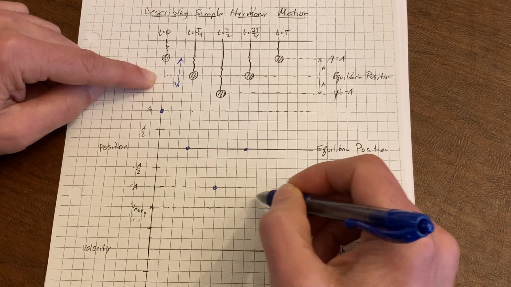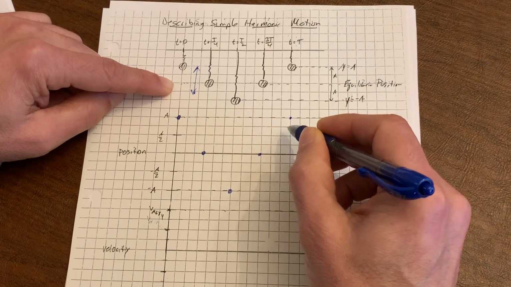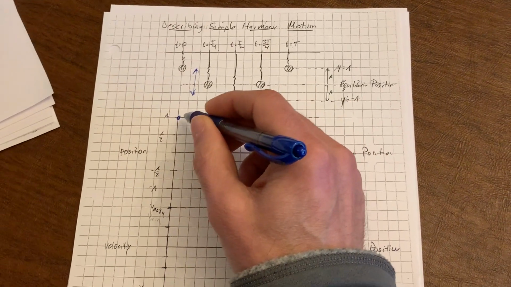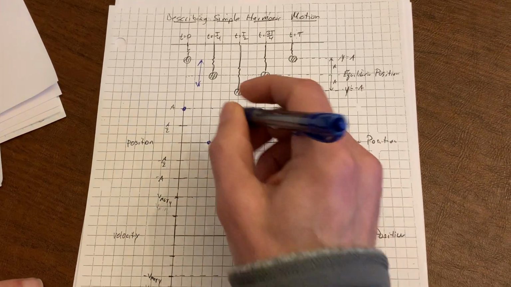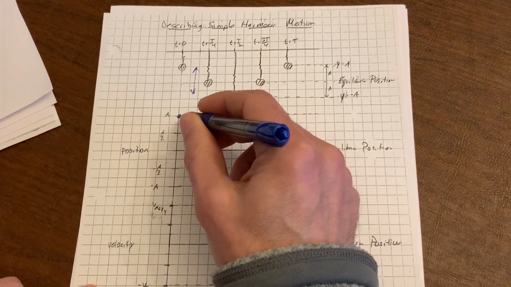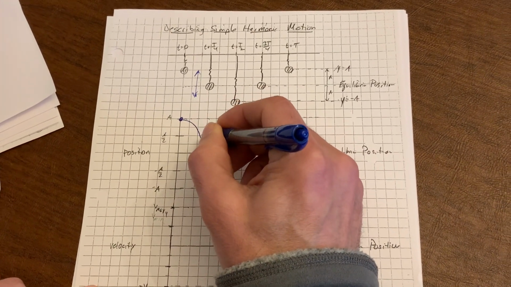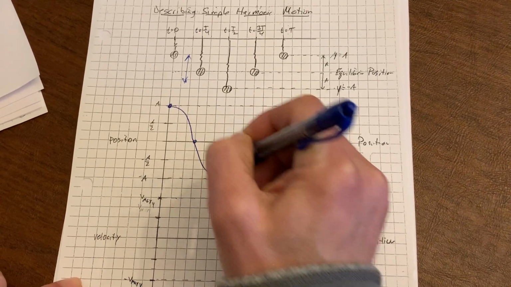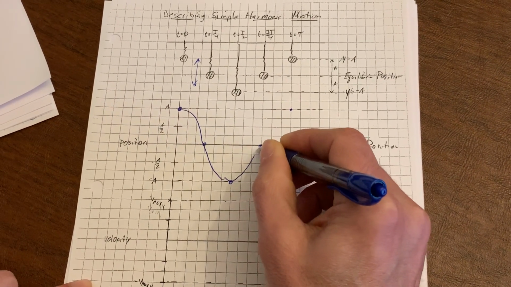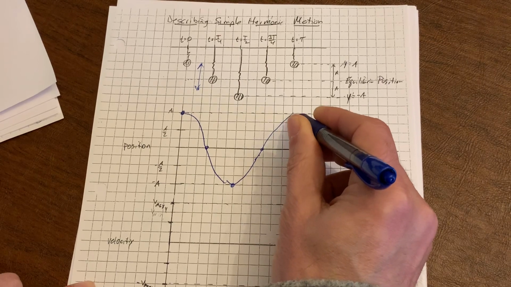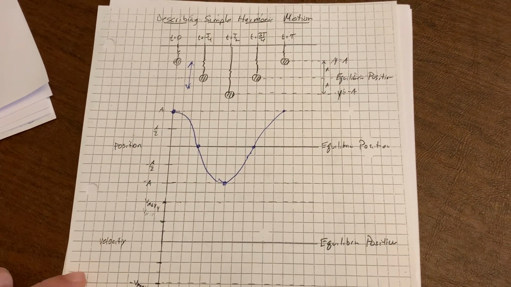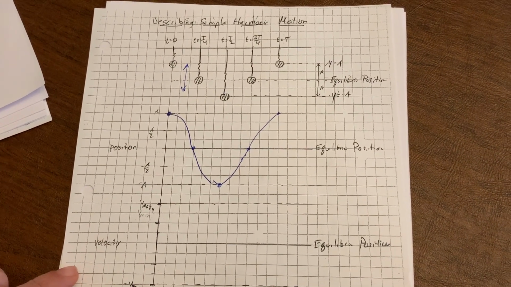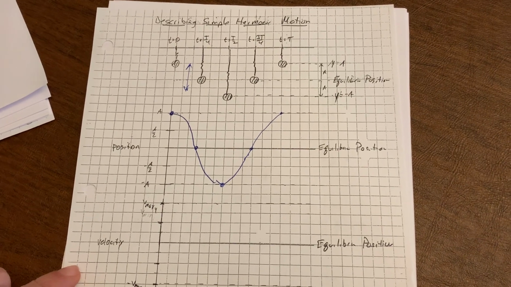So there's this guy here, and then we're going to be over here. So how does this look? We have something that looks hopefully like this. So here's going to be my graph of position versus time for an object that's undergoing simple harmonic motion.